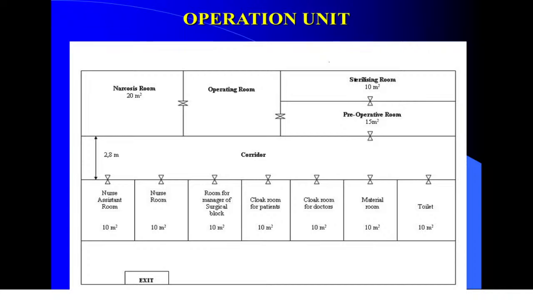Here you can see plan of operation unit, with operating room, narcosis room, sterilization room, pre-operative room, also corridor with width 2.8 meters, and other rooms.